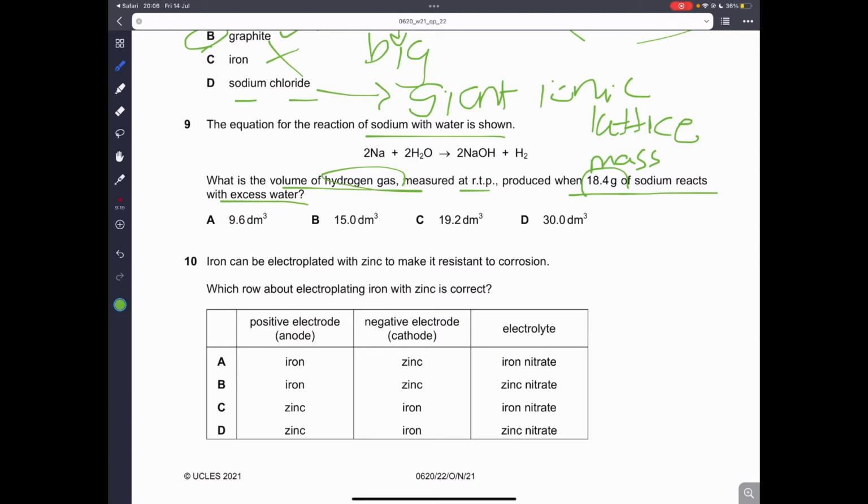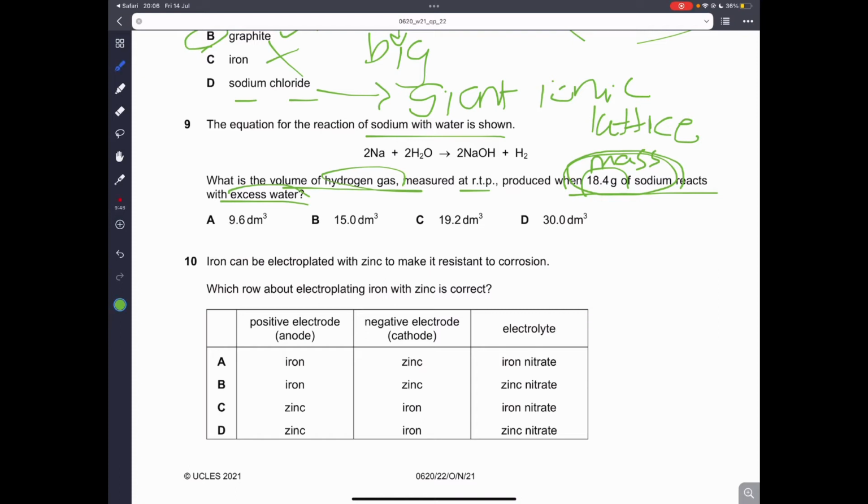Well, this is a calculation question. So remember, mole is equal to mass over Mr. Since the water is in excess, we have to take the sodium as the limiting reactant, because the sodium is only 18.4 grams, which is not in excess.